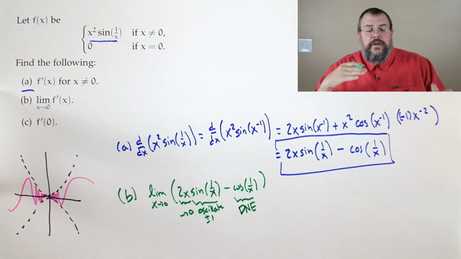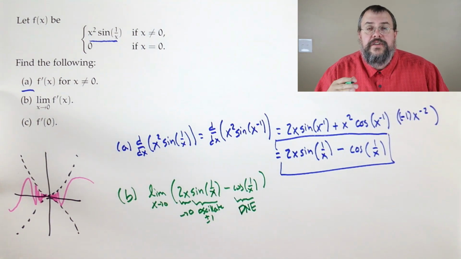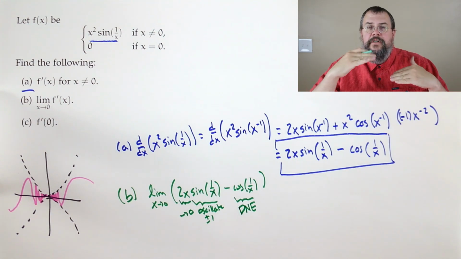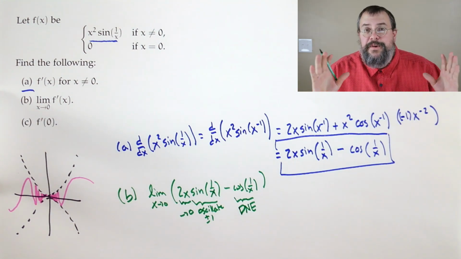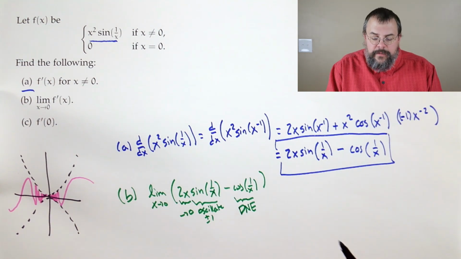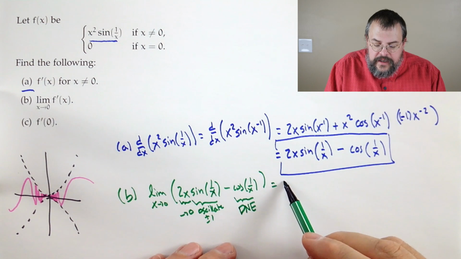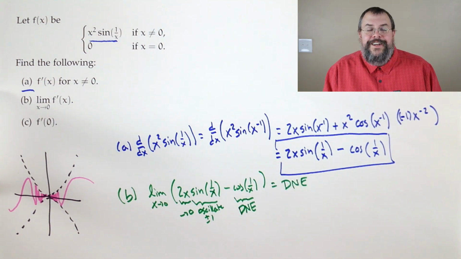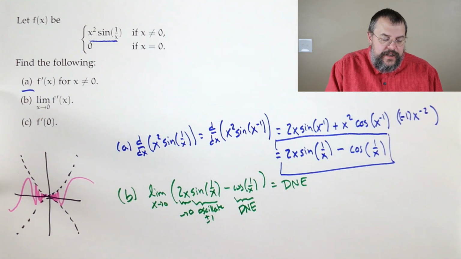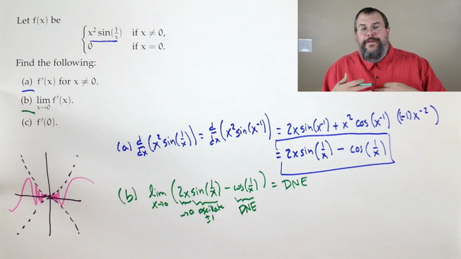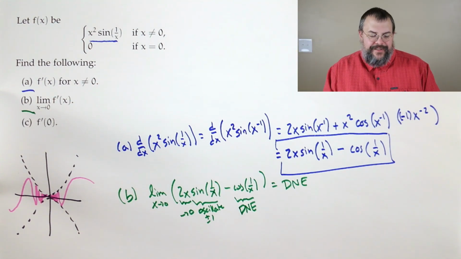It doesn't converge to any particular thing. It just is going all the way up and down, infinitely close, and when we say infinitely close, we mean arbitrarily close to 0. So the limit doesn't exist. Okay, so there is no limit. All right, so that's B. We found the derivative and said, hey, when you go to 0, the limit doesn't exist.